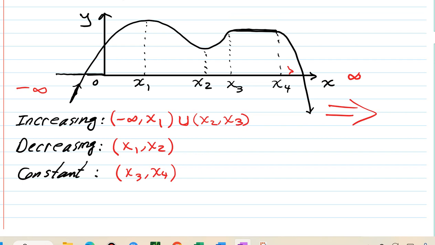And after that, it begins to descend, to drop. So it's going to be decreasing from x4 to infinity. Going forward, it's just going to decrease. And there you have it. That's how you determine that based on the graph of a function.